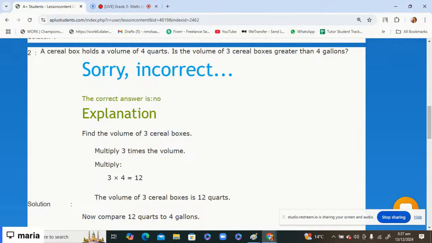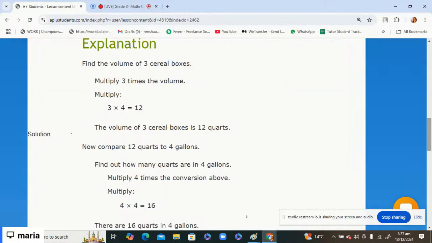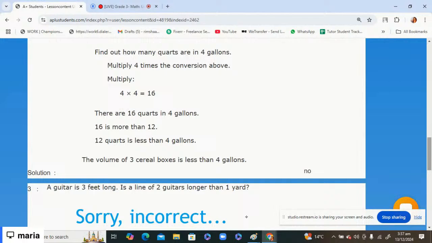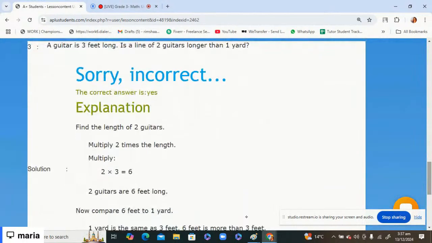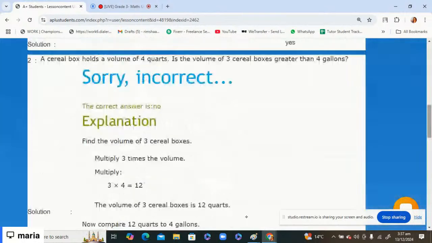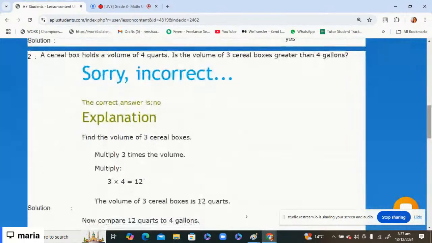So 3 times 4 is 12 and 4 times 4 is 16. So 12 is greater or 16 is greater? 16 is greater. So we can say that 4 gallons are greater as compared to the carrier boxes. Or the other option is, you can say that the carrier boxes are less than the 4 gallons. That's it.